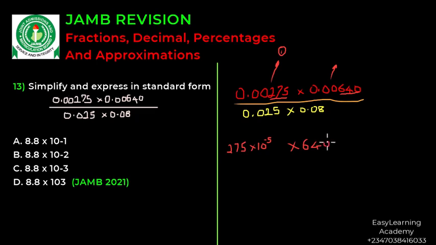Now we bring in our multiplication sign by multiplying it with 10, and we need to know the power. So after the decimal point, let's count how many digits we have: 1, 2, 3, 4, 5. So that will be -5. So we've been able to convert everything in the numerator here into standard form.